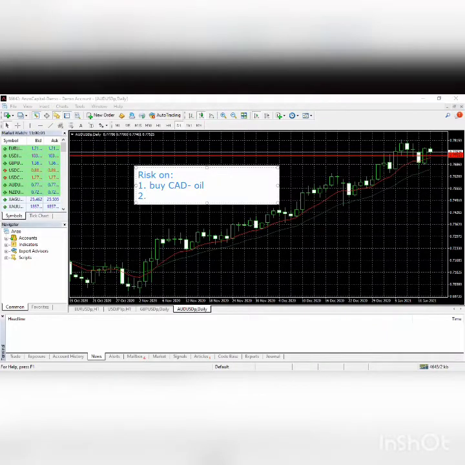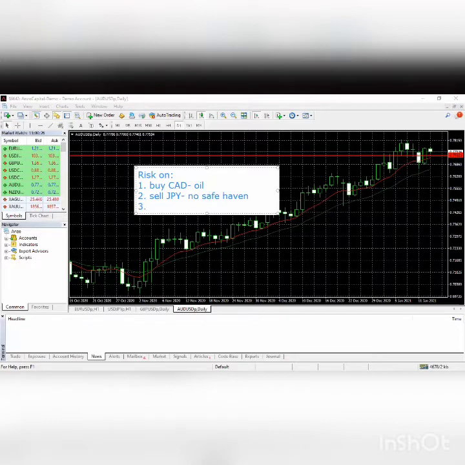Or sell JPY, kasi ayaw na ng safe haven. Kasi nga risk on na, gusto ng medyo umangat yung risk appetite.